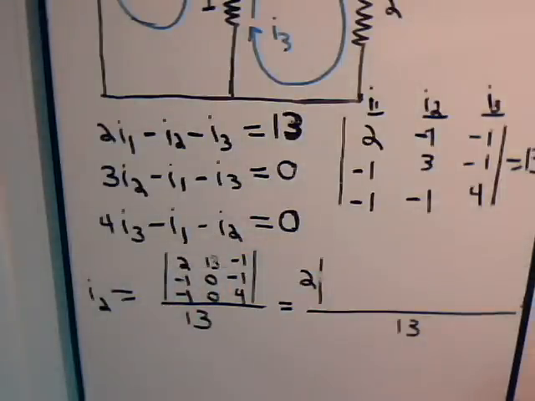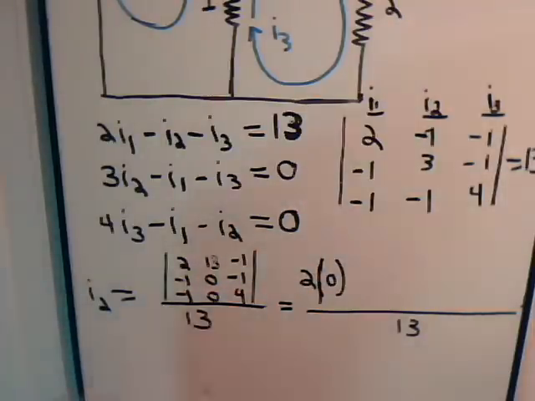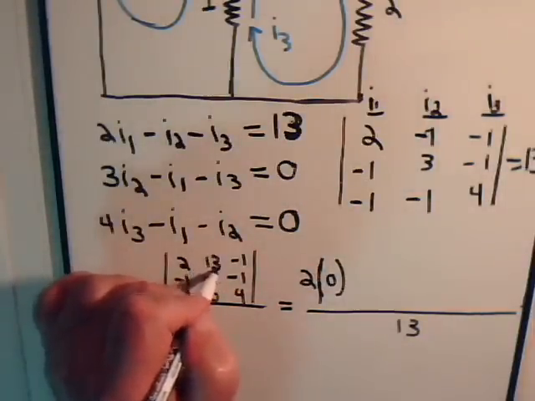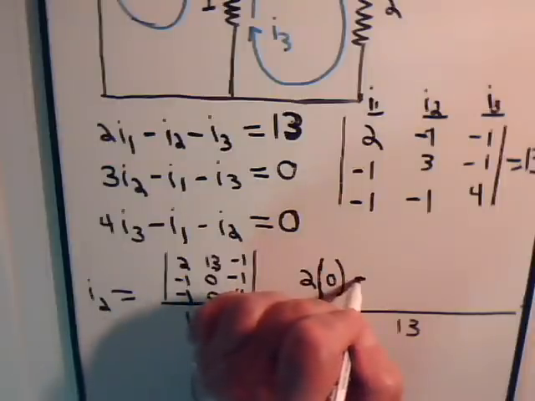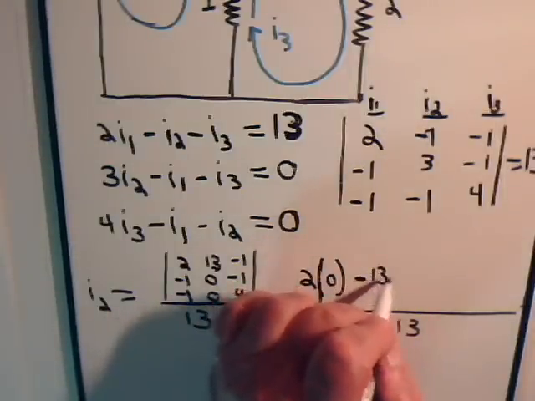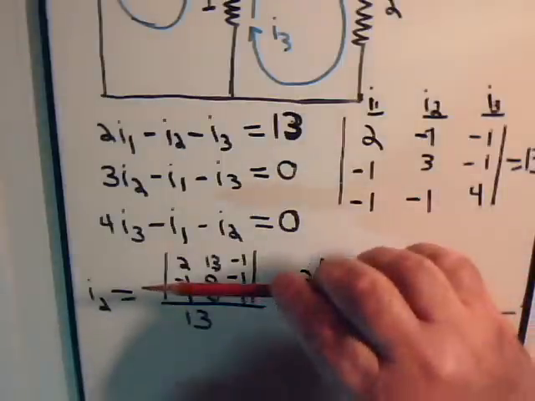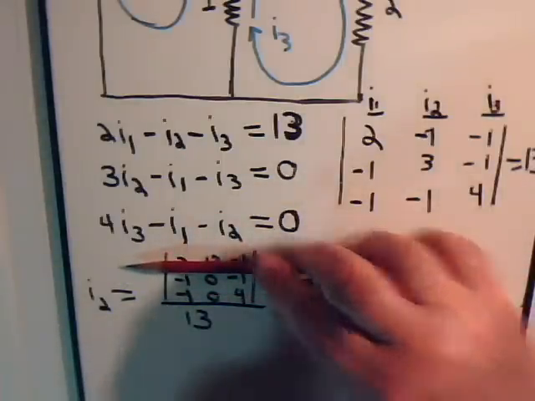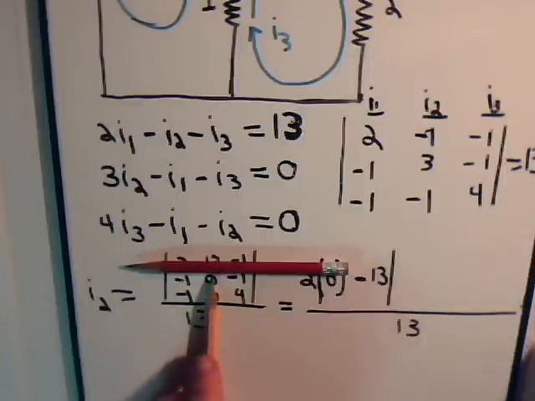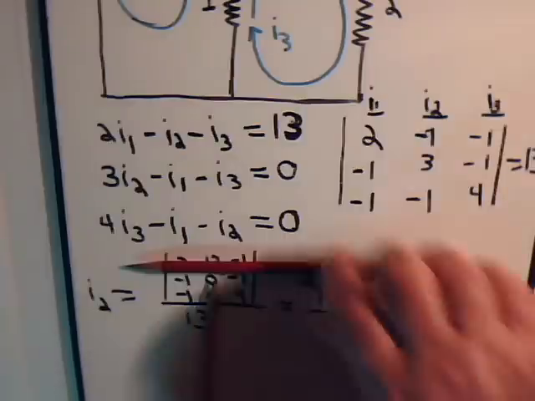So this is just 2 times 0. And then this is 13. And remember, it's minus that number, so we have minus 13 times this submatrix. Cover up the row and cover up the column. We have negative 1, negative 1, negative 1, 4. Hopefully you can see that all right.